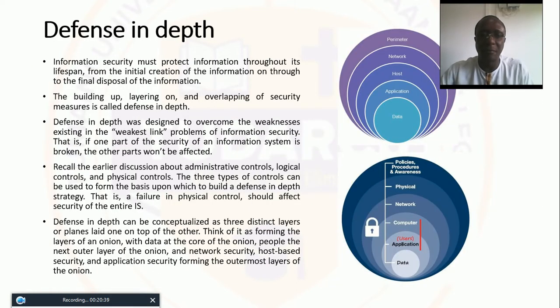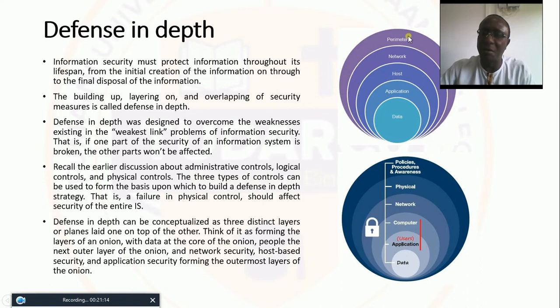Defense in-depth. Follow this scenario. It's an onion ring model of defense. Think of data being at the core, and we have application, we have host, we have network, we have perimeter. Now, to protect this data, you have to make sure that you protect application, you protect host, you protect network, and you protect the perimeter.